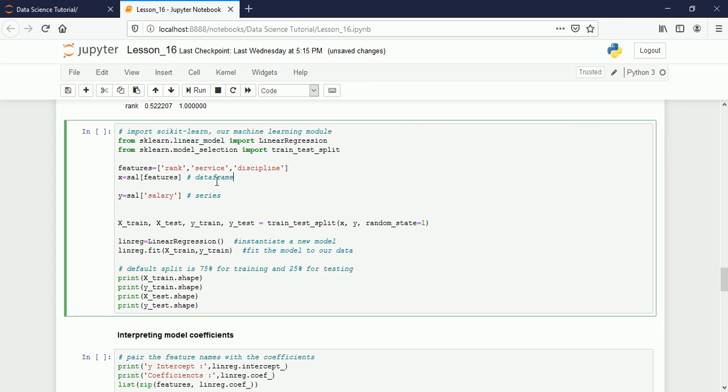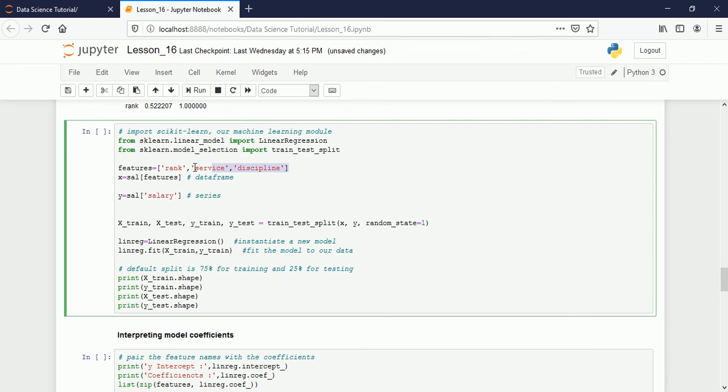You remember the difference between series and data frame. A data frame is in the form of rows and columns, and a series is a single list of values. So here these are called the features, the input values, and through these three input values like rank, service and discipline, you are going to predict the salary of the employee.